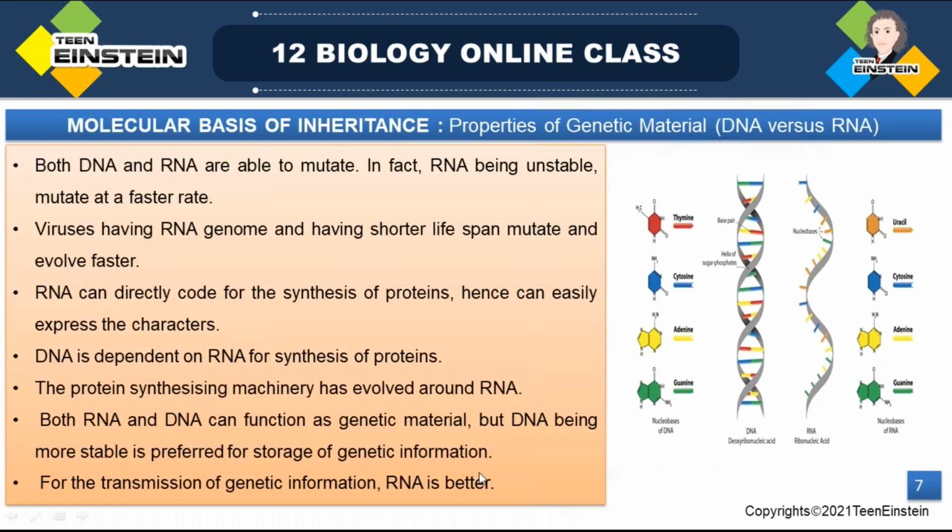Next, both DNA and RNA may undergo mutation. Mutation is faster in RNA because RNA is unstable and undergoes sudden changes, so it mutates at a higher rate compared to DNA.